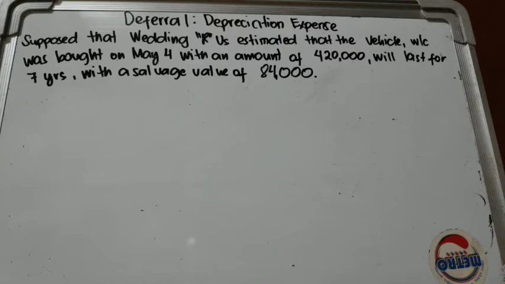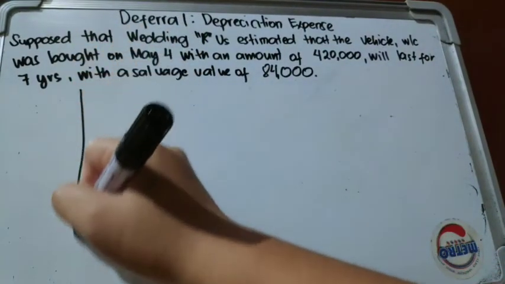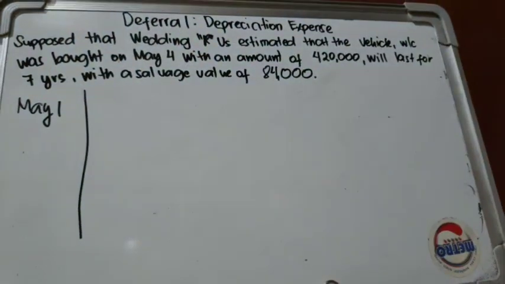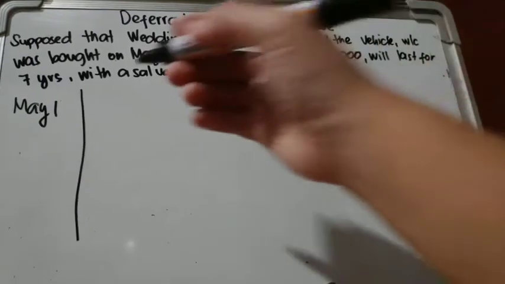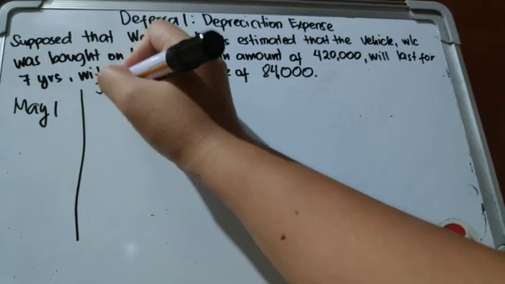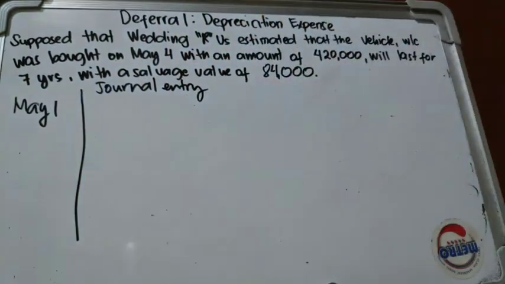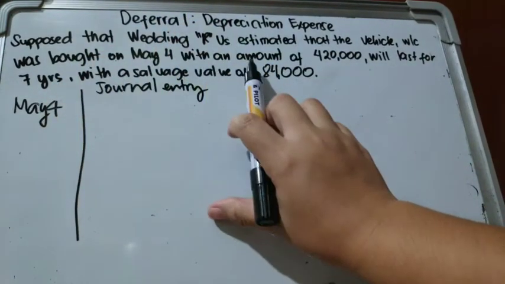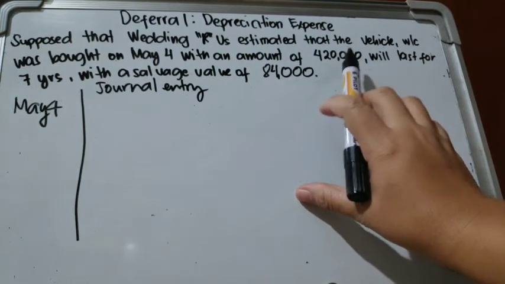So balik-balik lang yung process natin, para alam natin kung paano natin kukunin yung adjusting entry. For the journal entry, this will be the entry for acquiring the vehicle on May 4. The company had acquired the vehicle in the amount of 420,000.